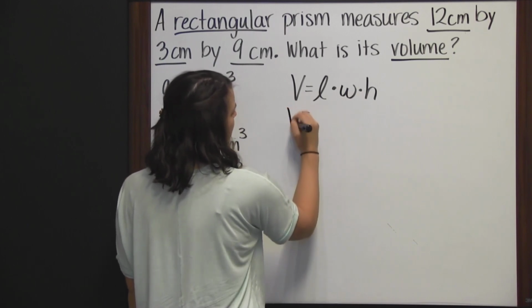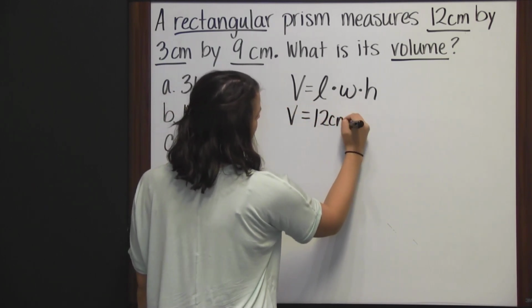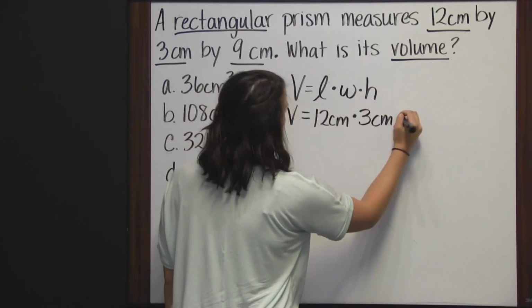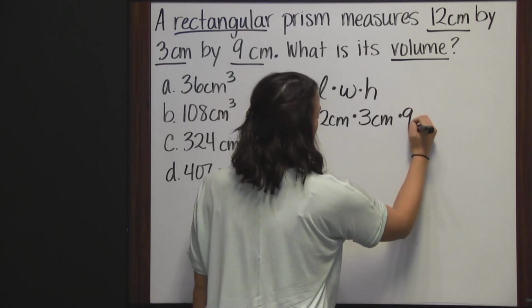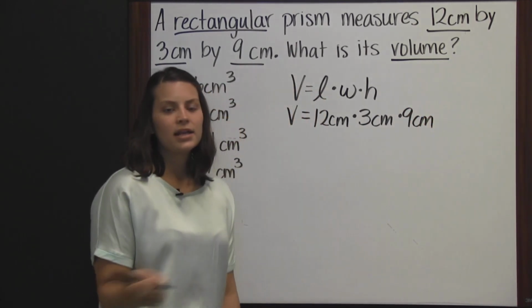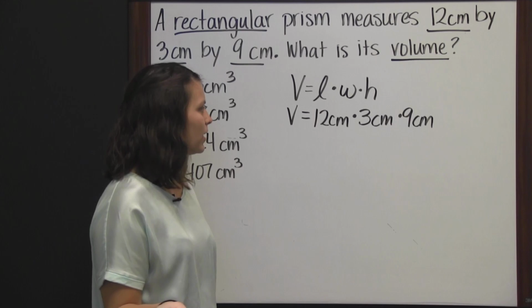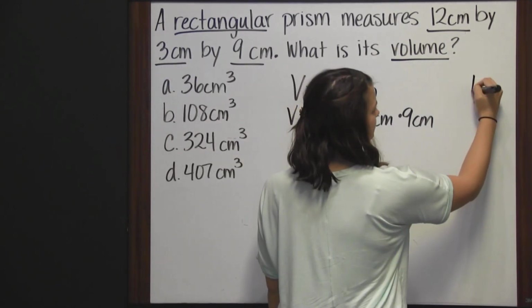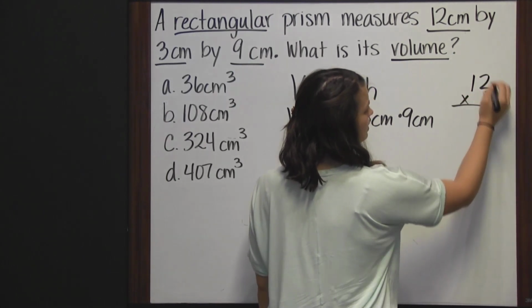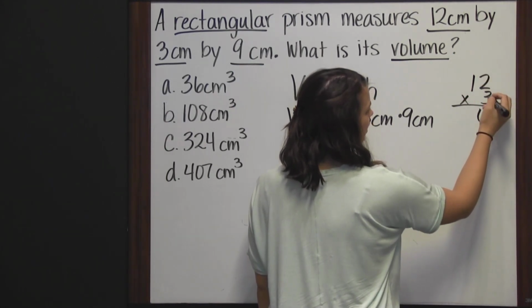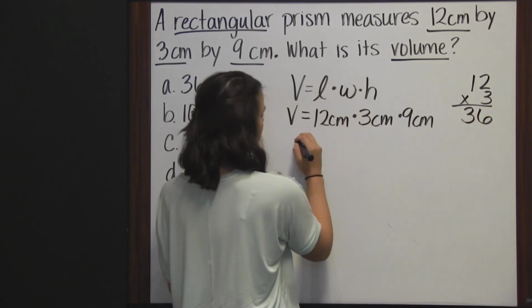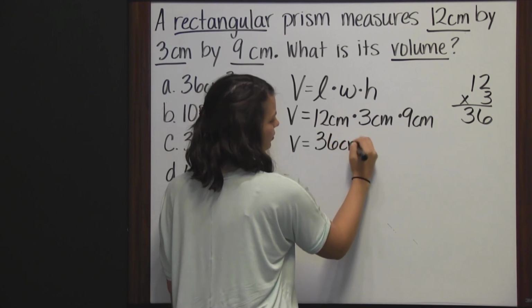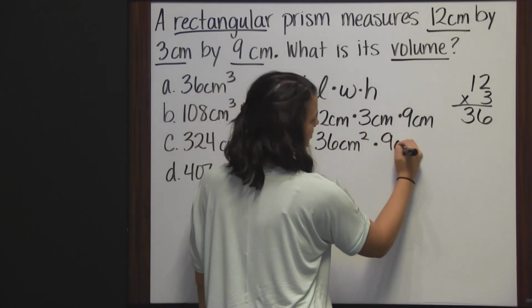So the volume is 12 centimeters times 3 centimeters times 9 centimeters. And it's up to you which two you choose to multiply together first. Could start with 12 times 3. 3 times 2 is 6. And 3 times 1 is 3. So 12 centimeters times 3 centimeters is 36 centimeters squared times 9 centimeters.